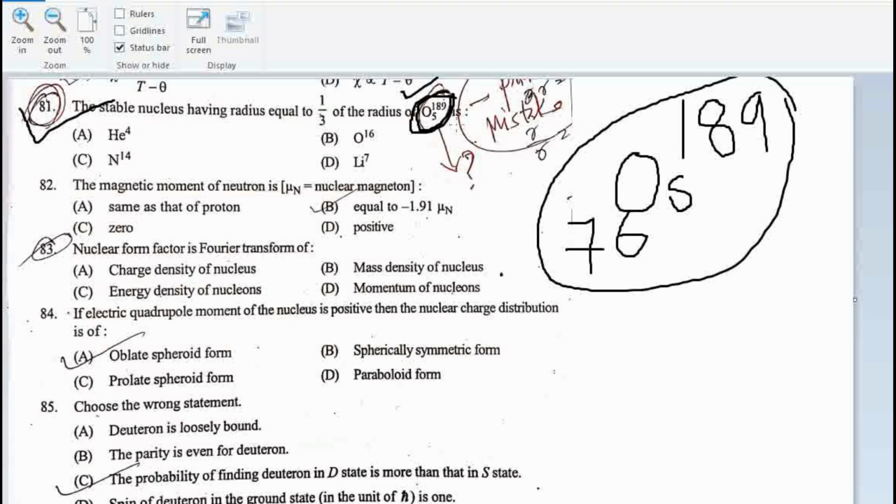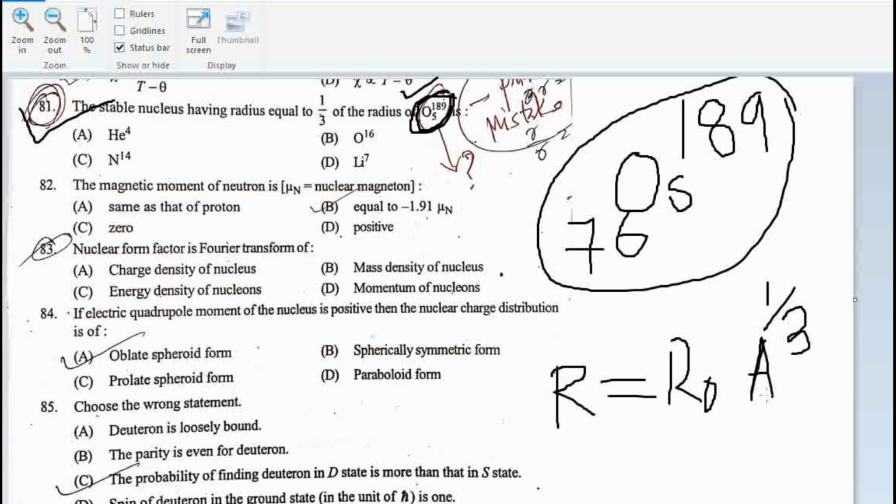So to solve this question, you need nothing but a simple formula, that is R equal to R naught A to the power 1 by 3, where A is the mass number, 189.